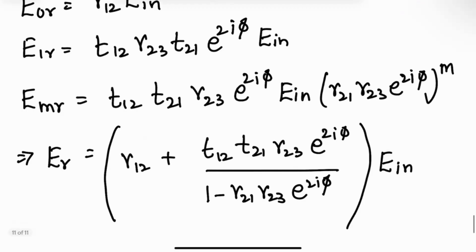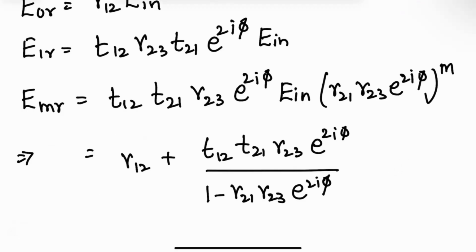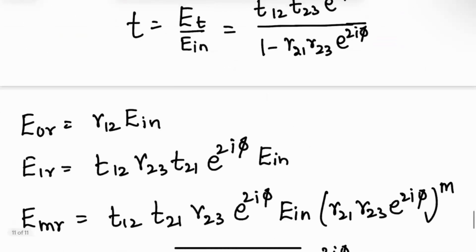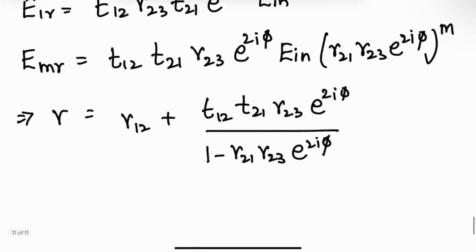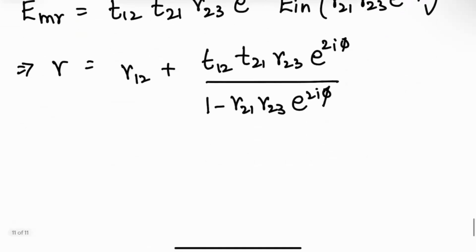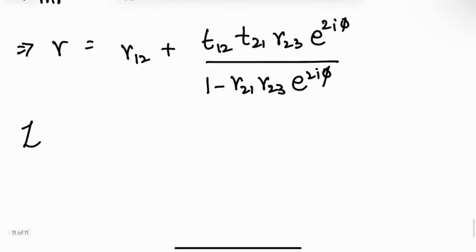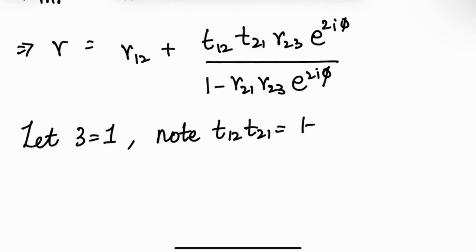Again, I can take the E incident onto the inside and then make this the total reflection coefficient. Essentially it comes out to be a nice term. You don't have to worry about all these infinities because they disappear from the geometric series. And now we can reduce this a little bit more. If I let medium 3 equal medium 1, so it's just a dielectric slab inside some background medium, note further that T12 T21 would be equal to 1 minus R12 squared.